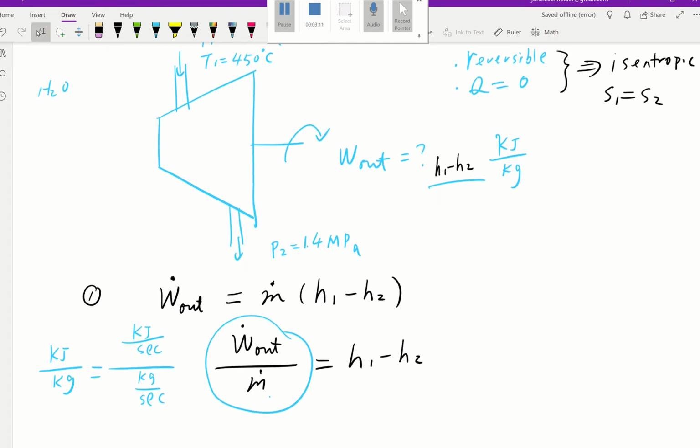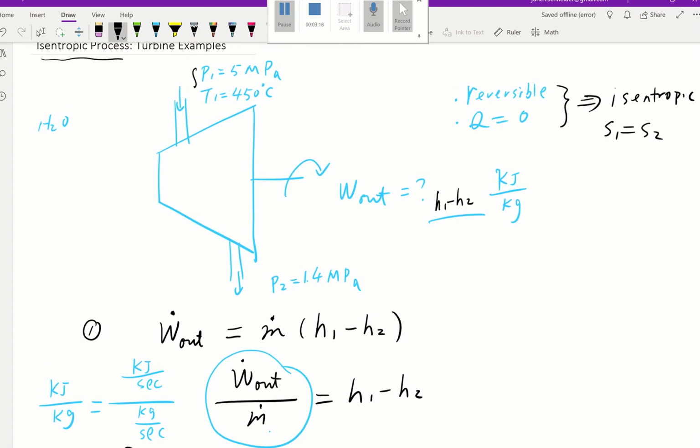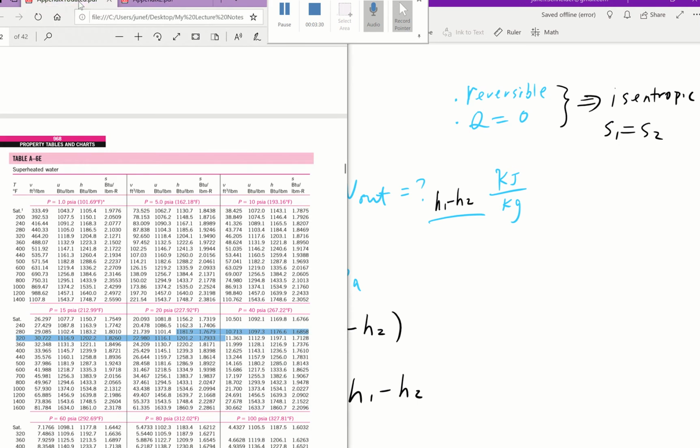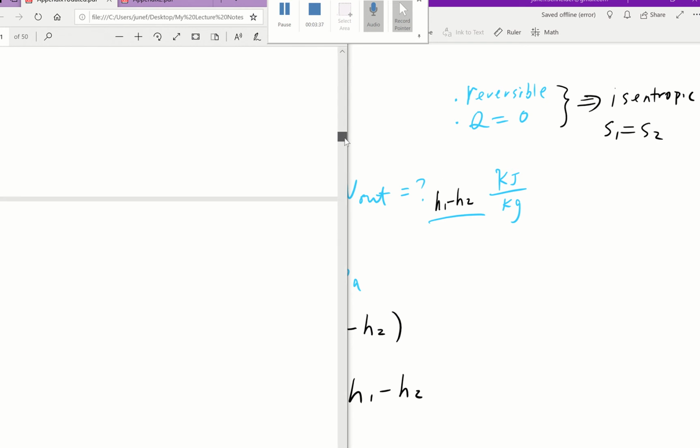Now, we need to find our H1 first. Since we know the two conditions for state 1, P1 is 5 megapascal and T1 is 450, we can look at our table. For 5 megapascal, let's go to table A5.